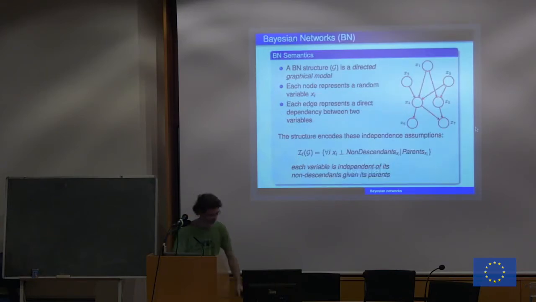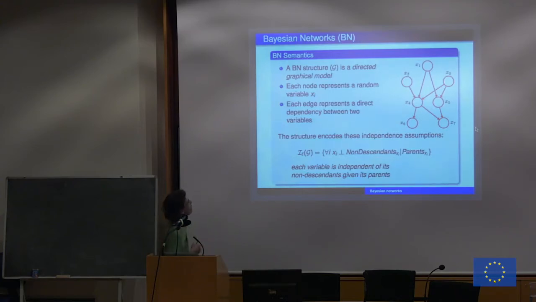First of all, the semantics, okay? A Bayesian network is a directed graphical model, okay? The structure is a directed graphical model. And each node is a random variable in the simplest case, and edges represent direct dependencies between two variables, okay?